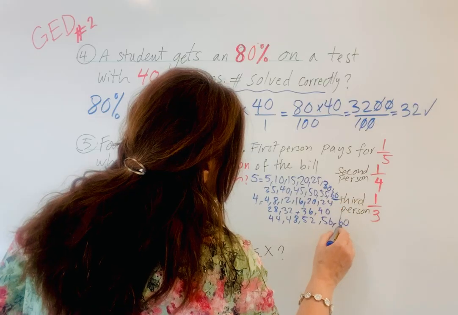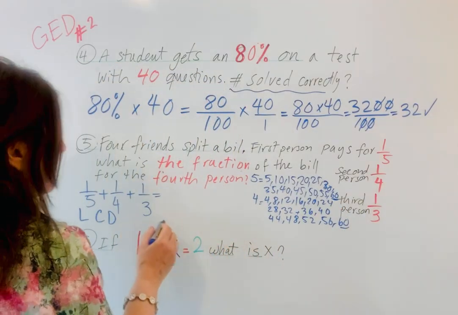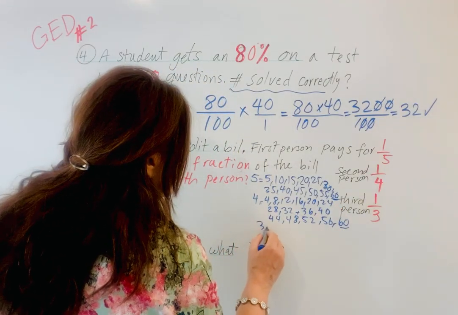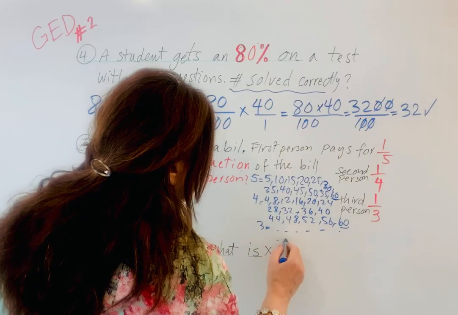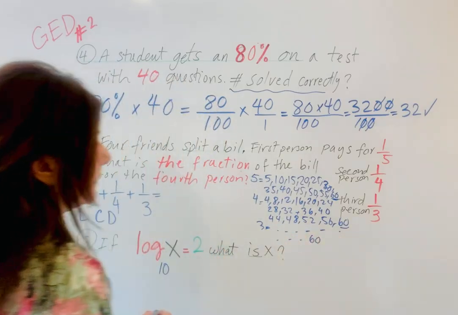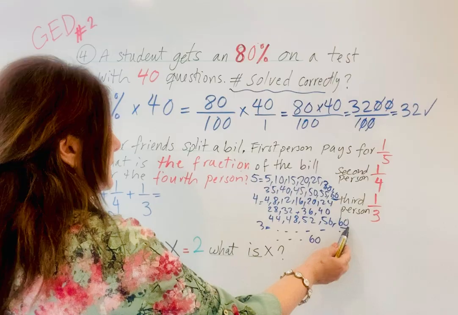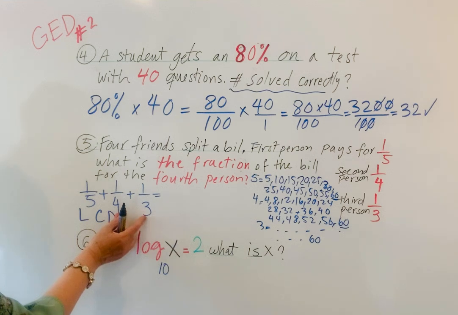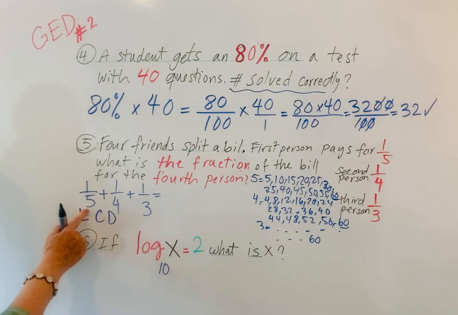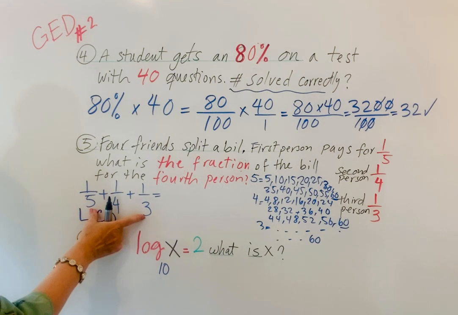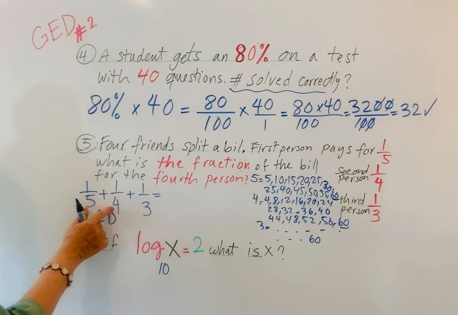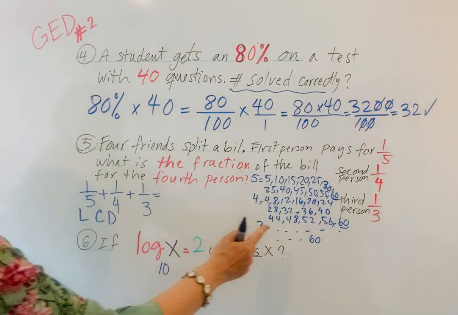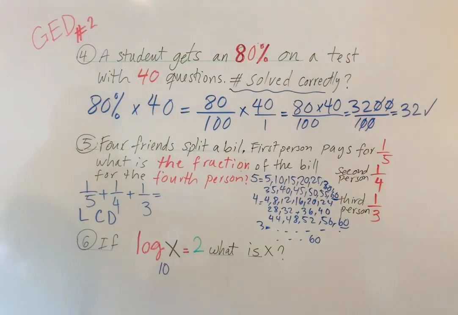Right? 60 here, 60 here. How about 3? It is the same, we can write up to 60. Okay, 60 is the least common denominator. Because between 4 and 3 we have 12, but it's not divisible by 5. 5 and 3 is 15, not divisible by this one. But 60 is the least common multiple of these three.